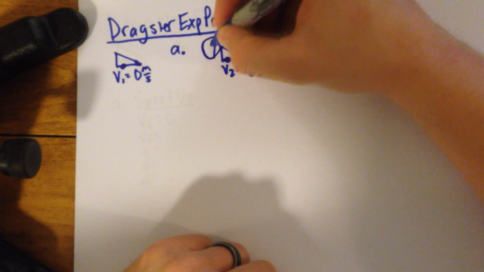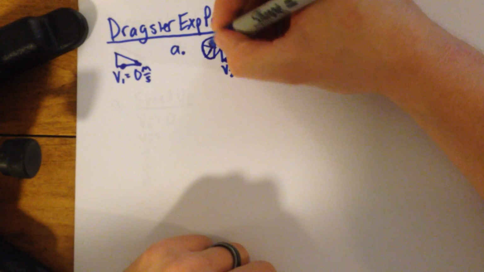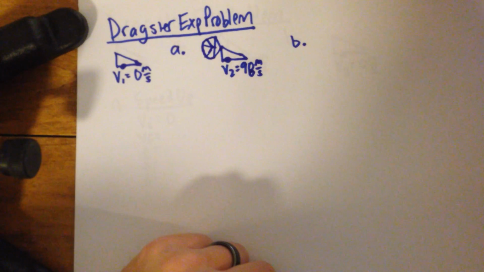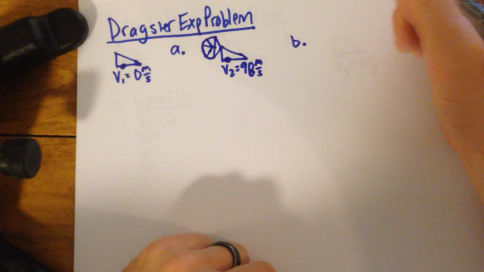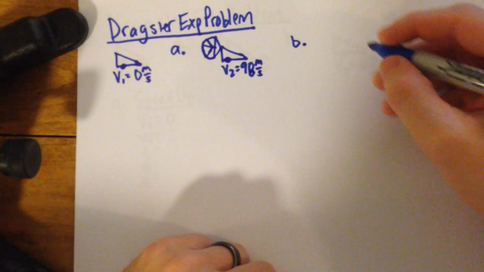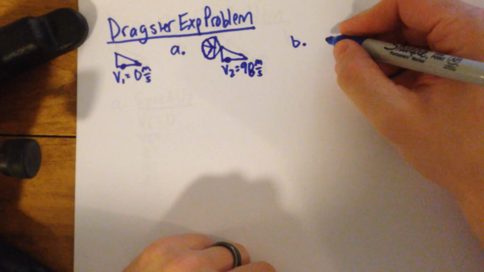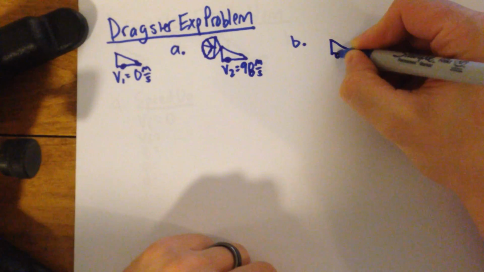Dragsters go so fast that you would literally need like an airplane type of space to bring it to a rest without a parachute. Its brakes will help somewhat, but a parachute will give it the negative acceleration it needs to come to a full stop in a reasonable distance.